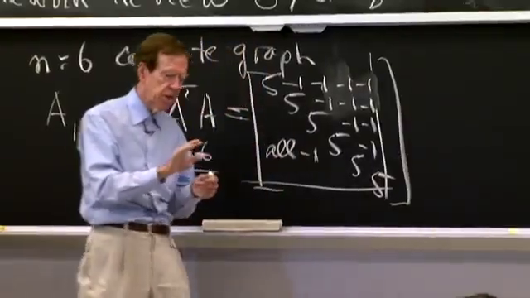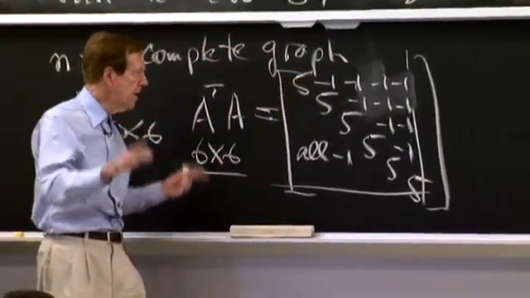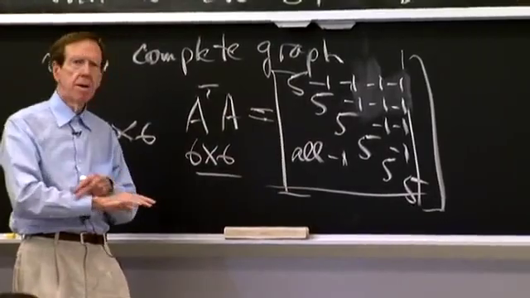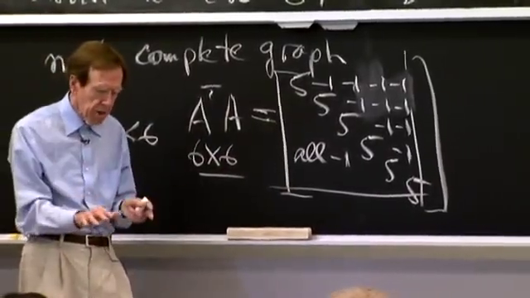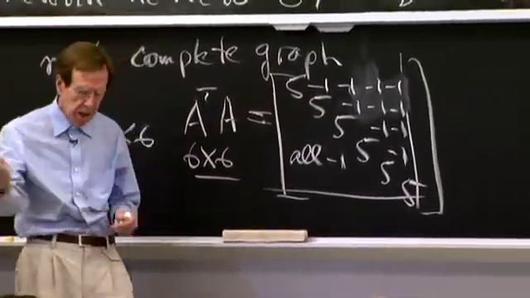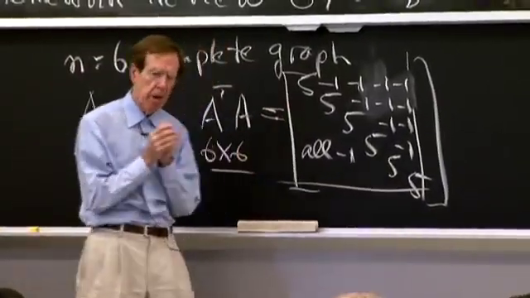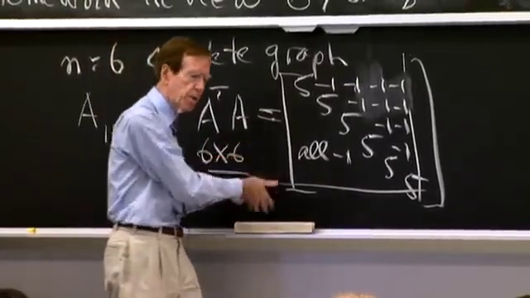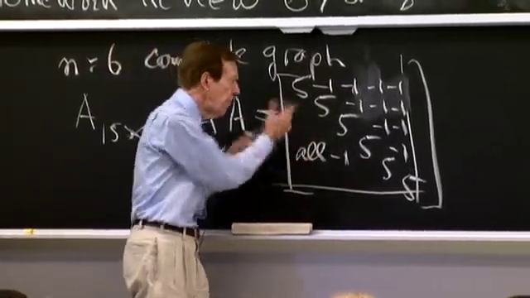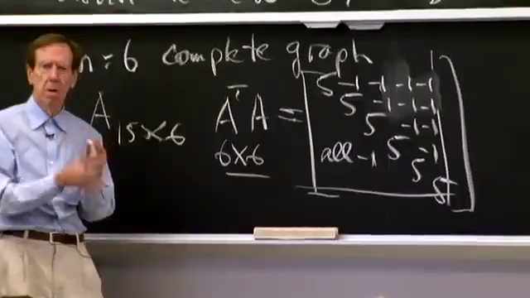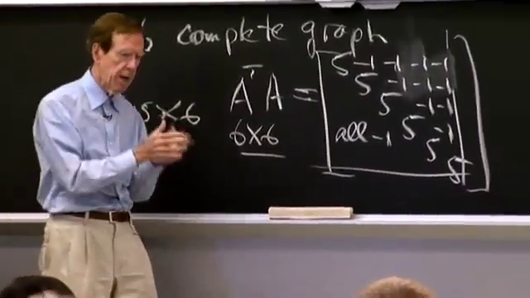Instead of springs in a line, points in a line, we now have everybody connected to everybody. So this is the special matrix when everybody is connected to everybody, and we could learn all about that particular one.